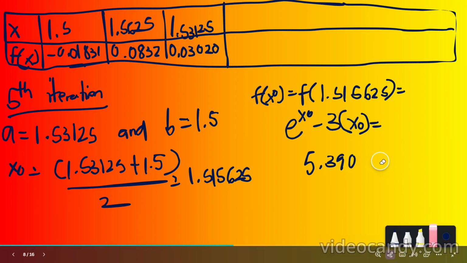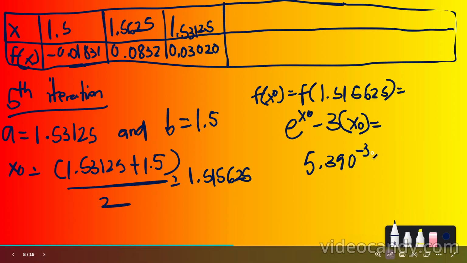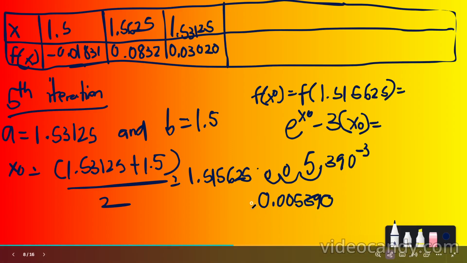Negative, cube root, negative 3 root. If the number becomes negative 3 root, so please go in front 3 times. So 1, 2, 3: 0.000. So 0.005390. That's the answer in the fifth iteration.